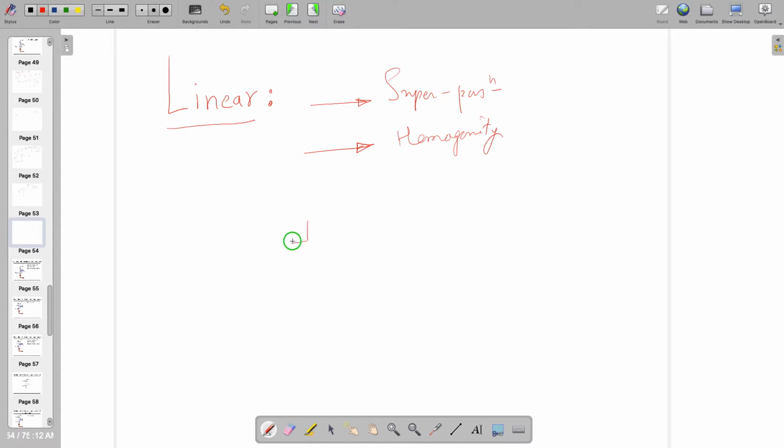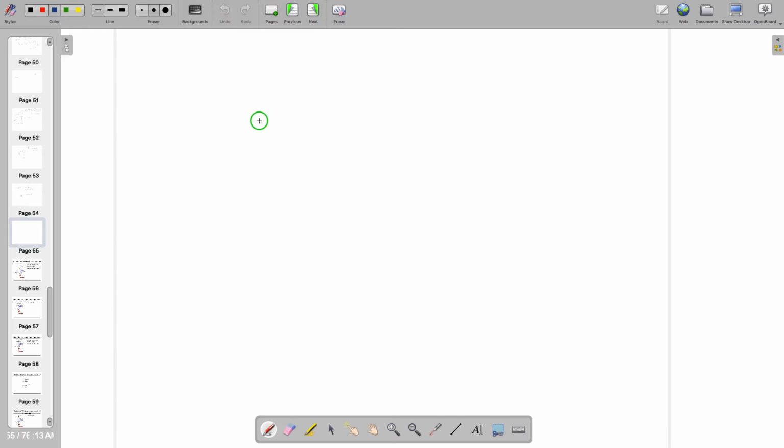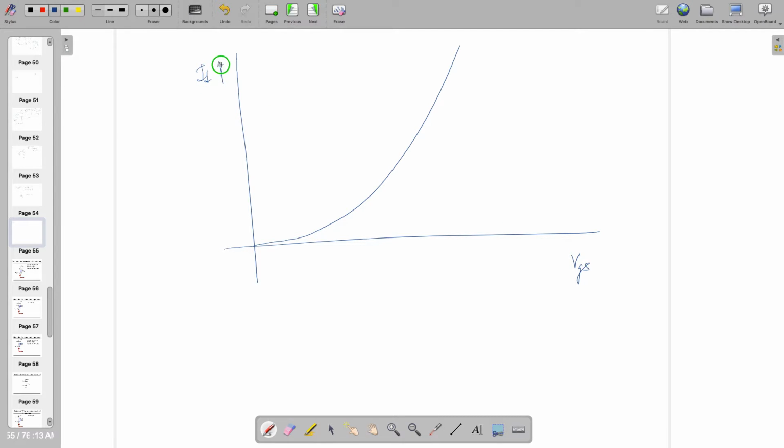However, this device is non-linear. We consider that it's piecewise linear. I mean to say, if the characteristic looks like this one, VGS versus ID, then it's non-linear.